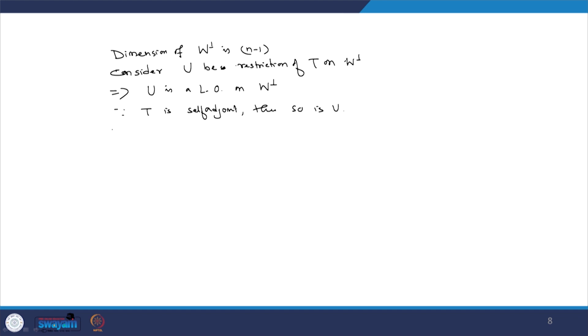So, according to our hypothesis, what is the hypothesis I have considered? I have assumed that the result is true for any inner product space of dimension less than n. Now we have to prove that the result is also true for dimension n.